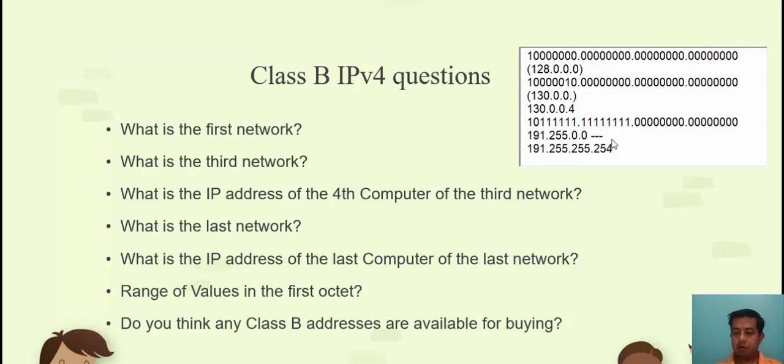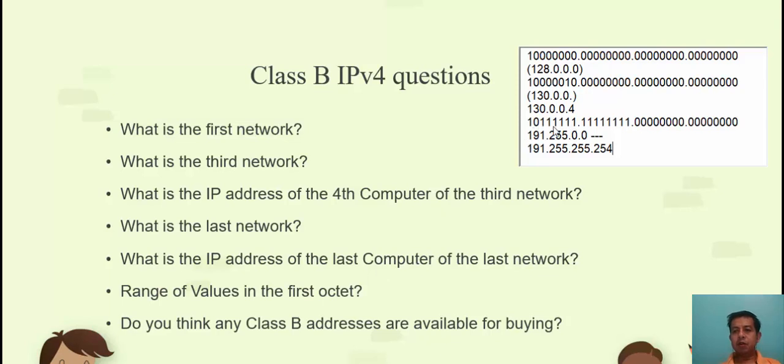Why 254? You cannot use 255, because if you set all the bits to be 1 in the host part, it becomes a broadcast address. 191.255.255.255 would have been the broadcast address. So the last computer in the last network is 191.255.255.254.